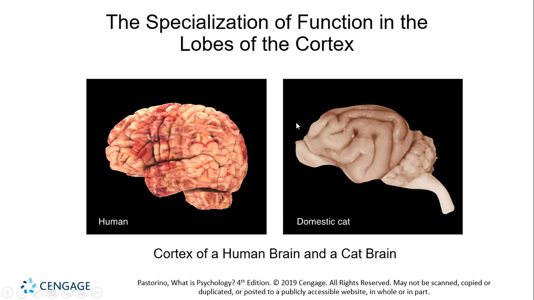You can still see the cat's brainstem in front of the frontal lobe. But the human brain isn't like that. The human brain, the frontal lobe is enormous. This is in a lot of ways what makes humans humans, this large frontal lobe.